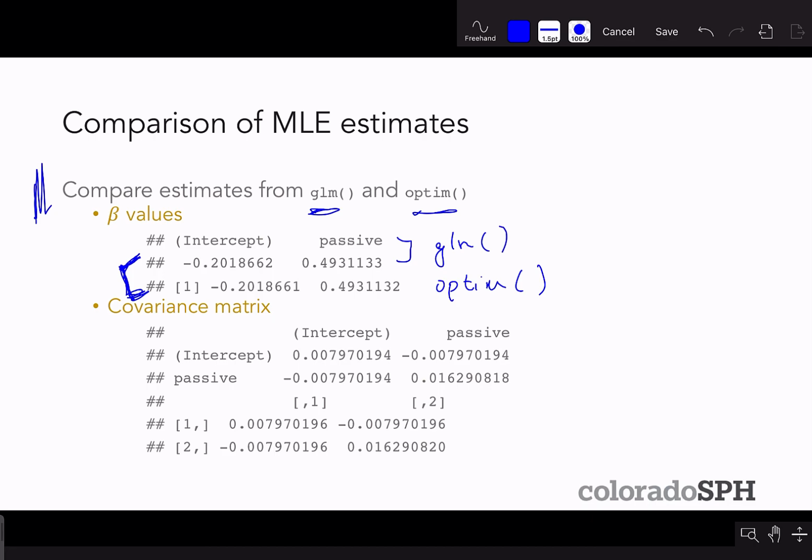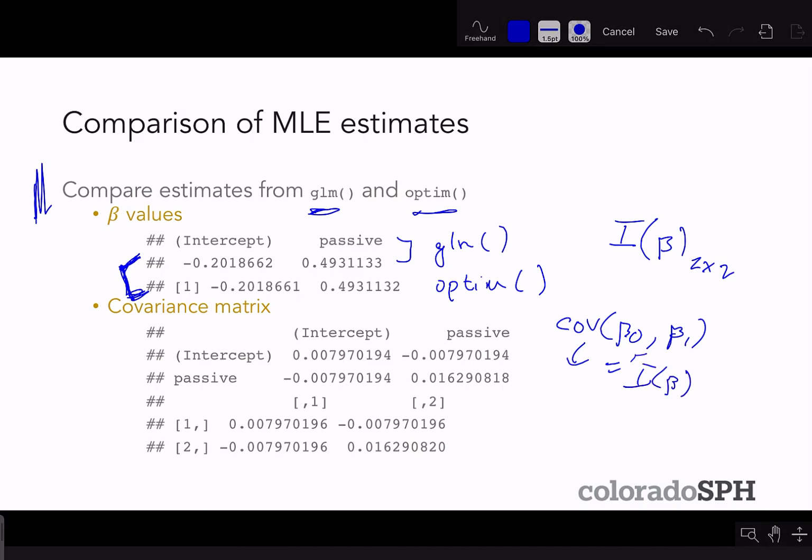And then similarly, we can calculate our covariance matrix, the covariance of beta 0 and beta 1. In a few slides earlier, we looked at the information matrix of beta, which was a 2x2 matrix. The covariance is also going to be a 2x2 matrix that is equal to the inverse of that 2x2 information matrix. And that's given here.